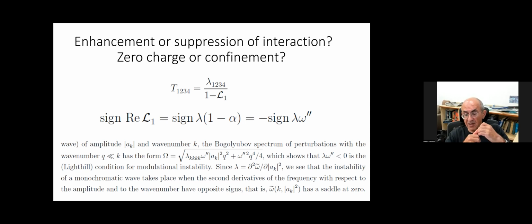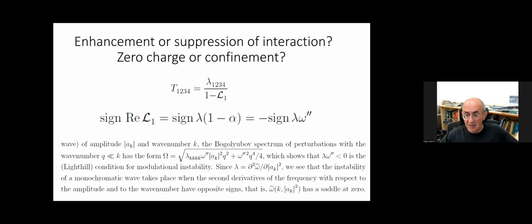But at least I find it very physically appealing that, even for a turbulent state, there is no modulational instability for a wide spectrum. If you consider a wide wave packet, it stabilizes the modulational instability. We're making a statistical statement.